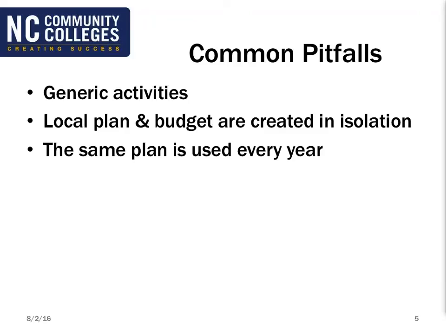So specify the programs you're going to be working with. The same thing is true with equipment. Don't just say we're going to purchase equipment as needed. You need to put in where your focus is. And remember, this year our focus is on our pathways, our professional development, and performance.